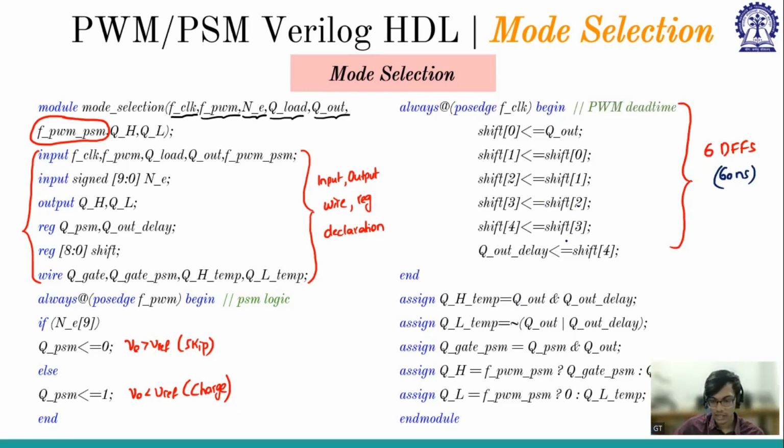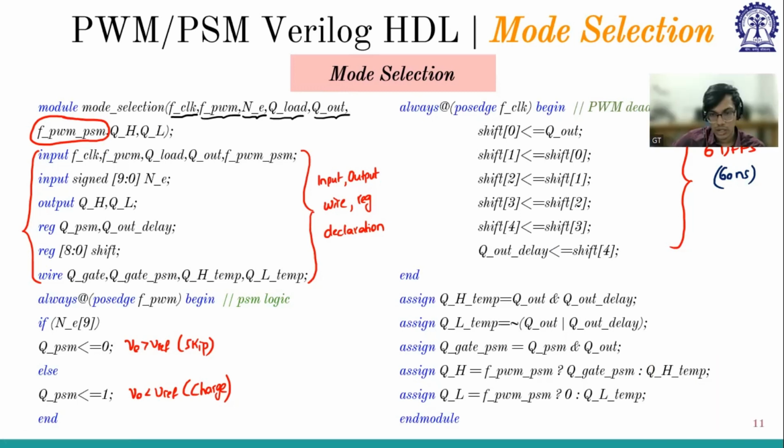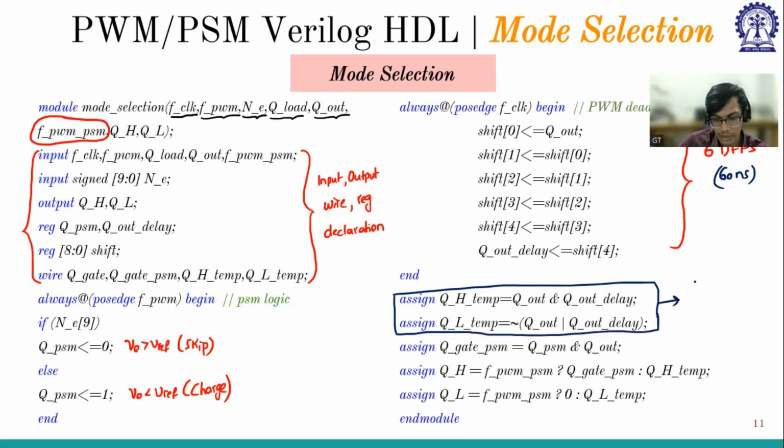After delaying it, to get the outputs QH temp as well as QL temp, we have discussed in the dead time how to get QH temp and QL temp. So this is including dead time.